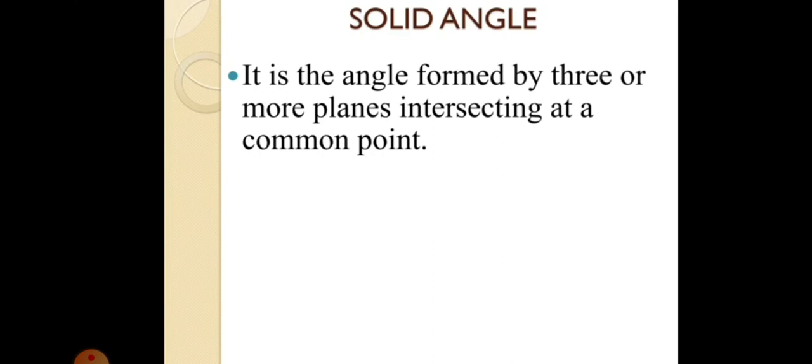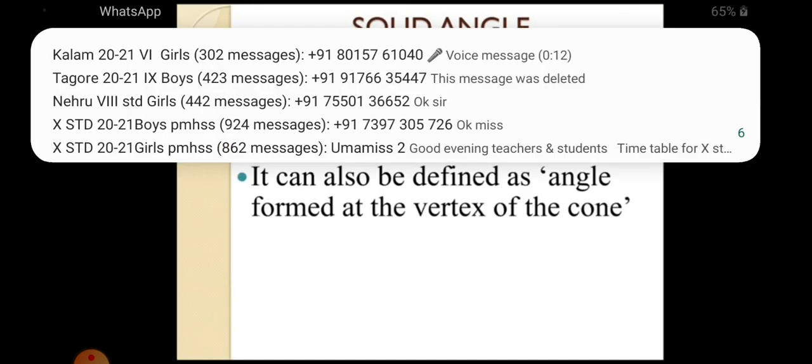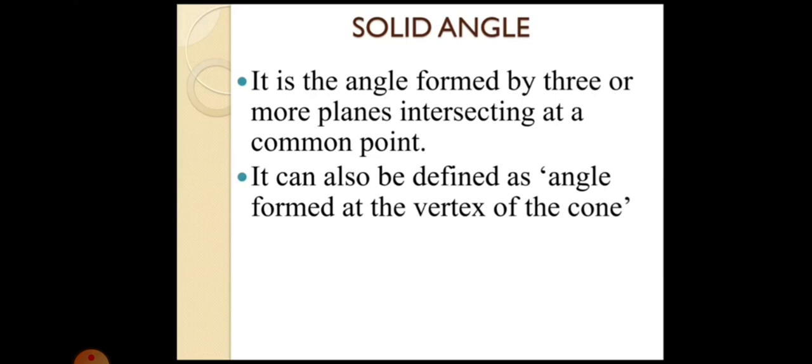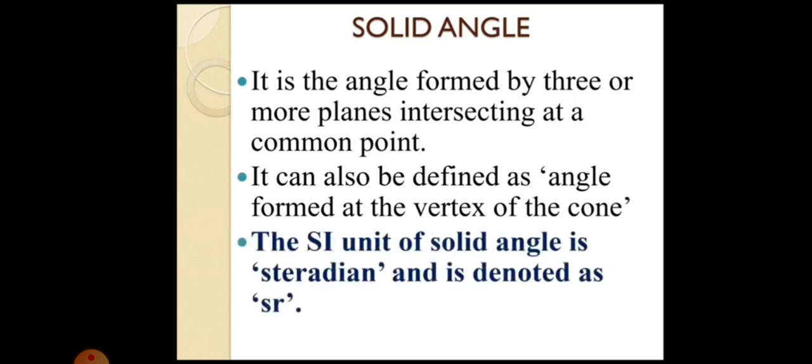Now in solid angle, it is the angle formed by 3 or more planes intersecting at a common point. It can also be defined as the angle formed at the vertex of the cone. The SI unit of solid angle is steradian and it is denoted as sr.